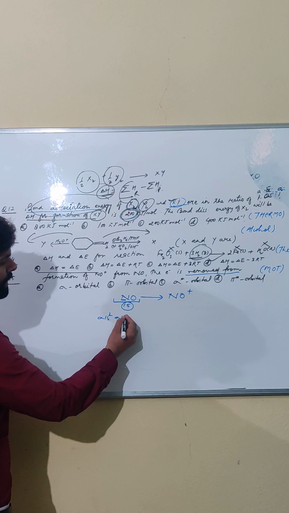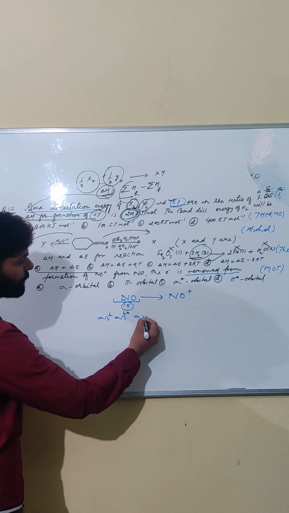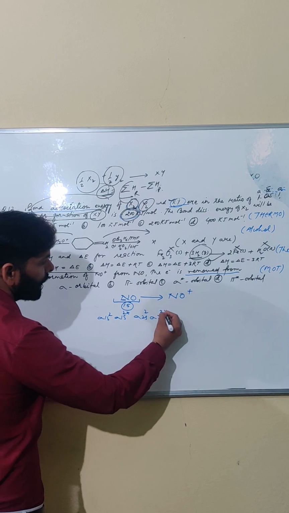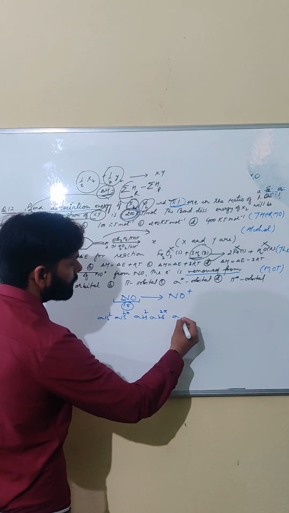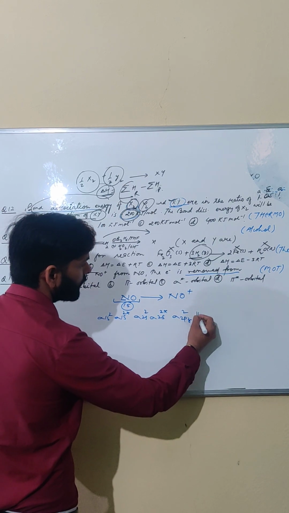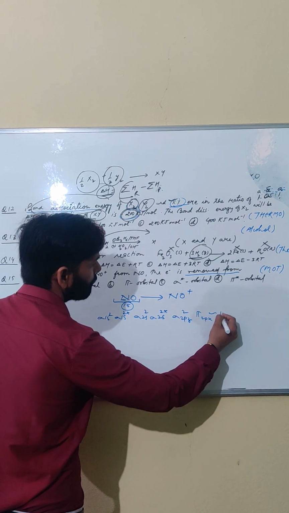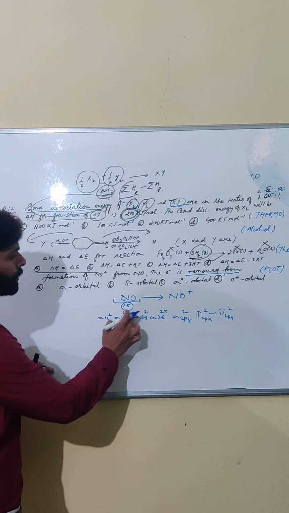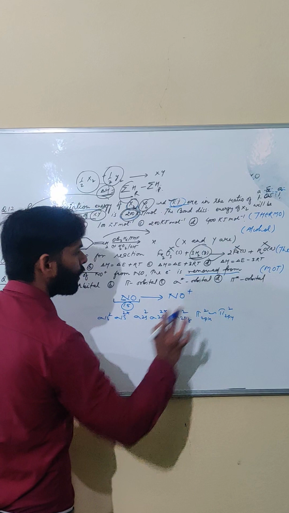Sigma 1s2, sigma 1s2 anti-bonding, sigma 2s2, sigma 2s2 anti-bonding. After that sigma 2pz 2 electrons, then pi 2px, pi 2py with 2 electrons each: 2, 4, 6, 8, 10, 12, 14.